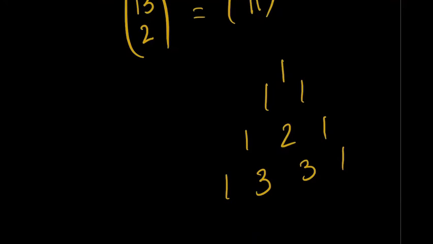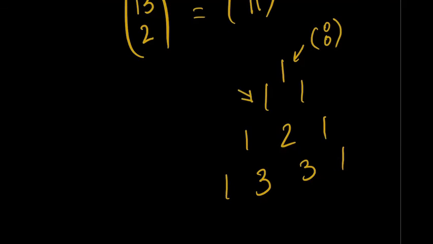So let's say that you were doing 1 choose 1. What this Pascal's triangle tells us is that for each value, the first is going to be 0 choose 0. How many ways can we select 0 objects from 0 objects? Well, there's only one way, and that's not picking anything at all.